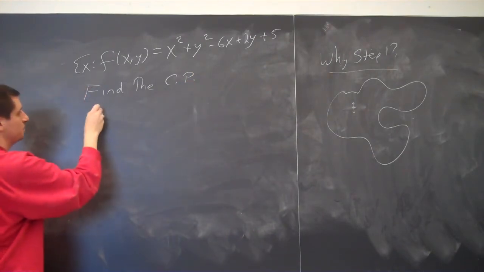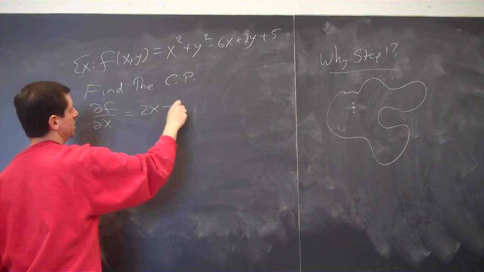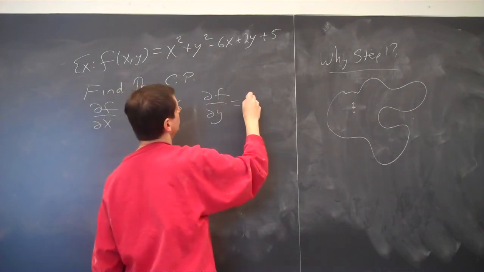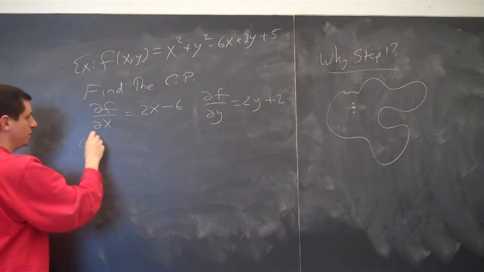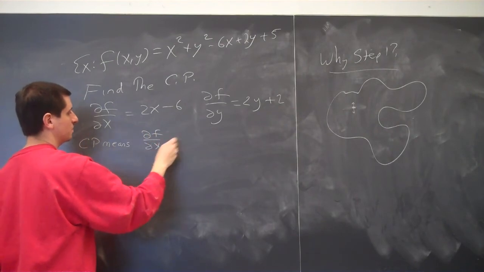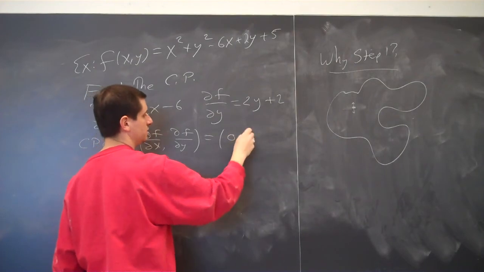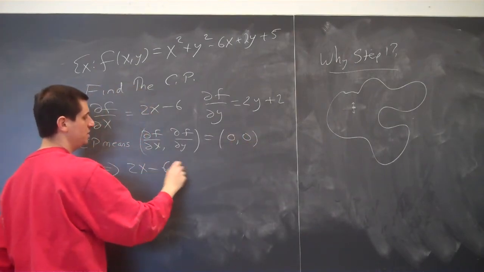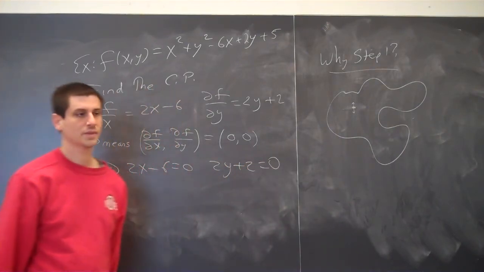Alright, so we find df dx is going to be 2x minus 6. df dy is going to be 2y plus 2. So critical point means df dx, df dy equals 0, 0. So I need 2x minus 6 to be 0. I need 2y plus 2 to be 0.